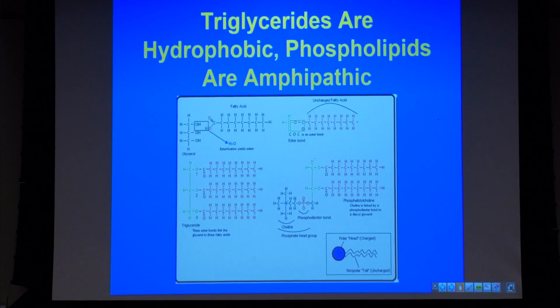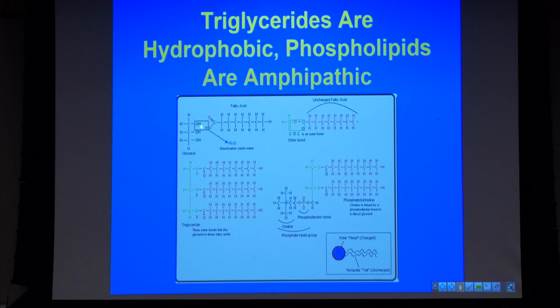Then here's where we closed yesterday, was to talk about the relationship between triglycerides and phospholipids. And we talked about the importance of the dehydration synthesis process, where we took the hydroxyl, the alcohol on the glycerol, combined it with the hydrogen on the hydroxyl of the carboxylic acid, and generated water.